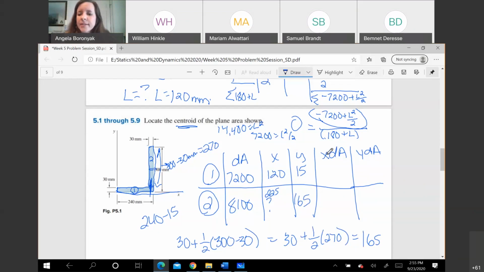Now how do I take x dA? I multiply x by its area. I get 864,000 for x, and I get 225 times 8,100, and so on. How many numbers do I have there? Way too many.